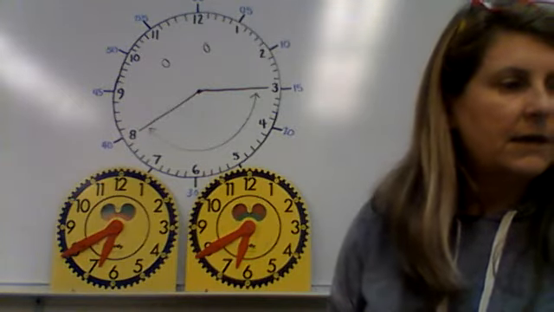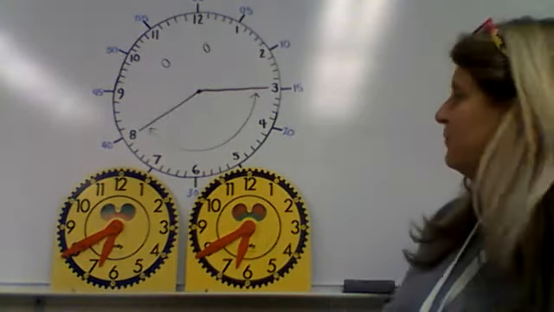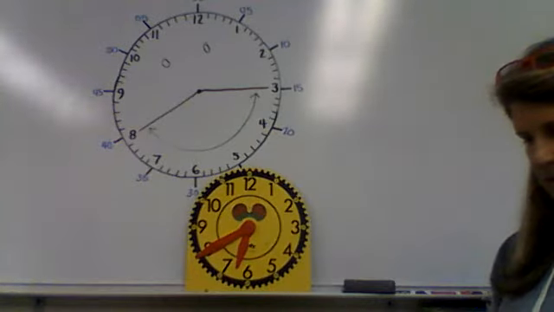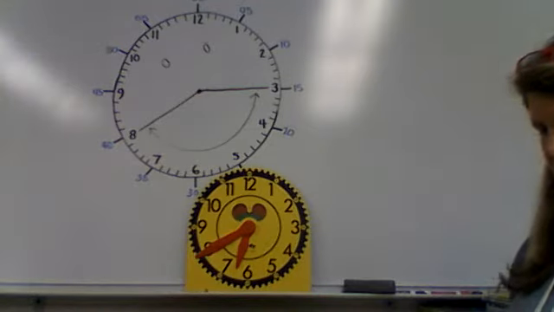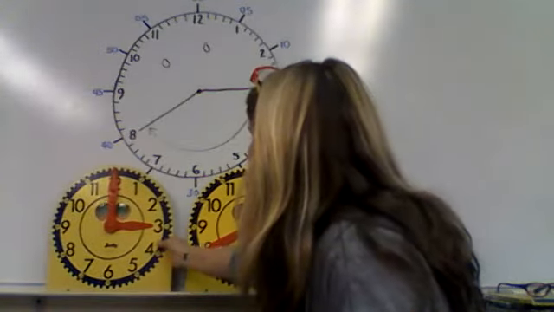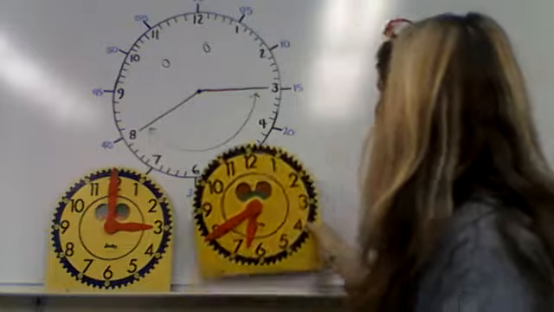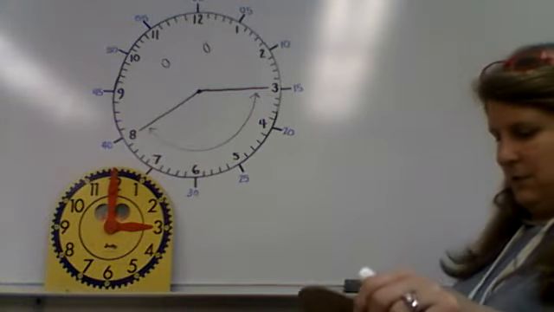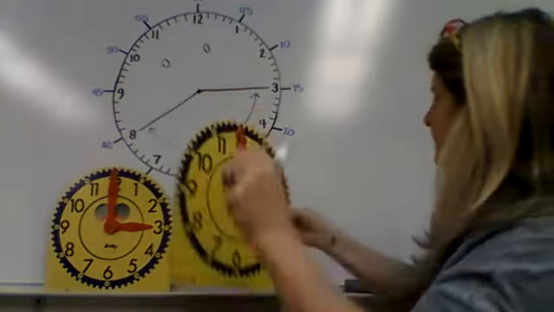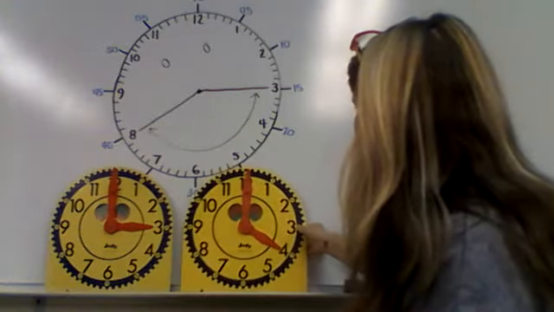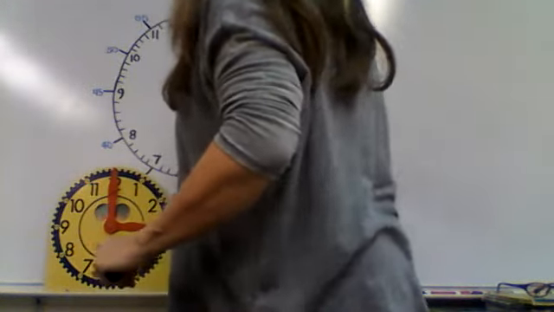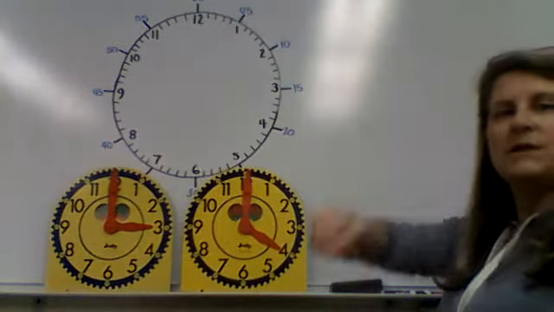Okay, now let's see if we have this one set here. I bet you can tell me what time that is. And this one is going to be set here. Okay, let's look at this.